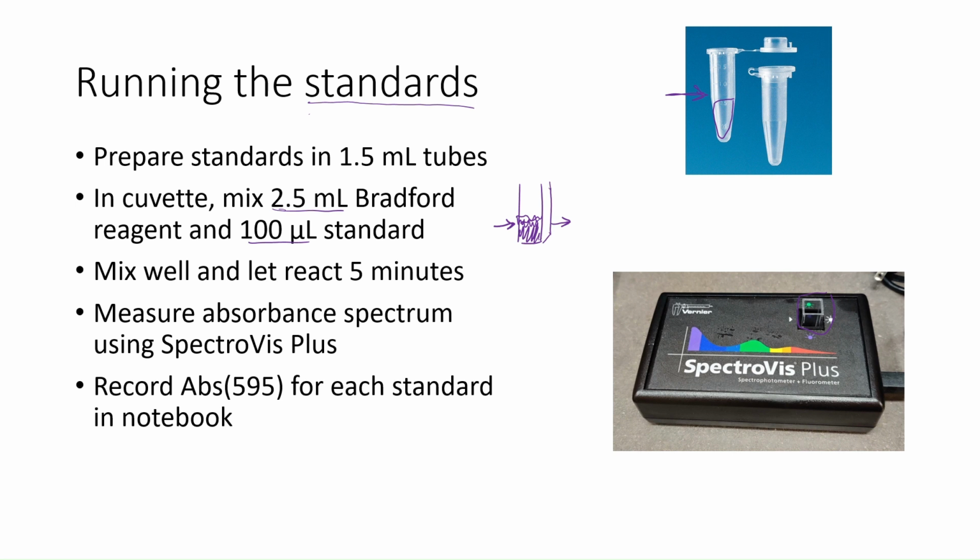Once you've mixed together the Bradford reagent and the standard in your cuvette, you'll want to mix them well. You want to do this to ensure that the Bradford reagent can mix uniformly with the standard that you've added to it. You can mix it in a couple of different ways.